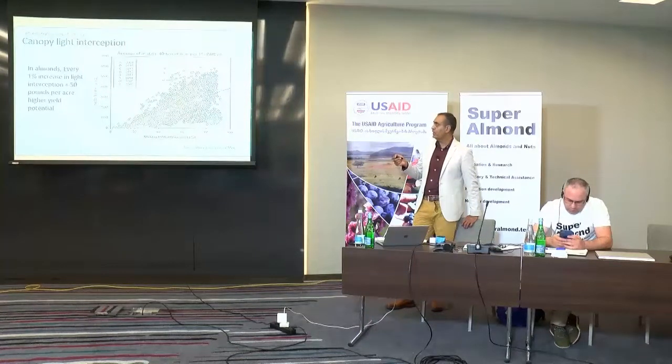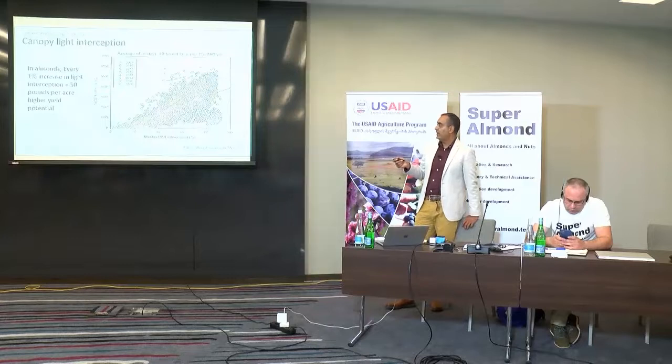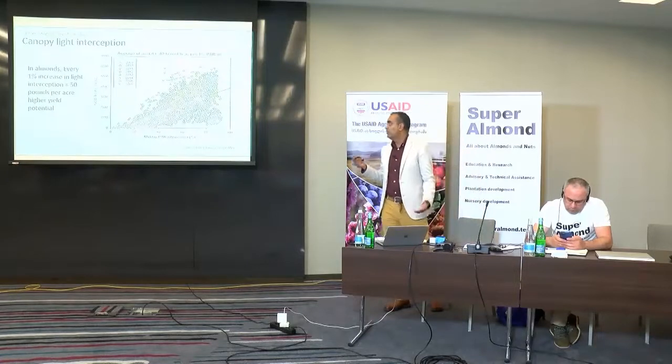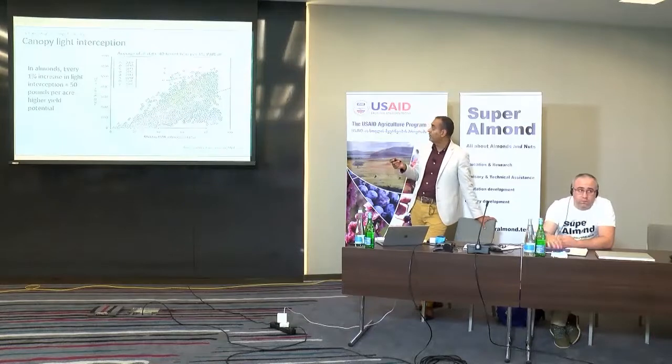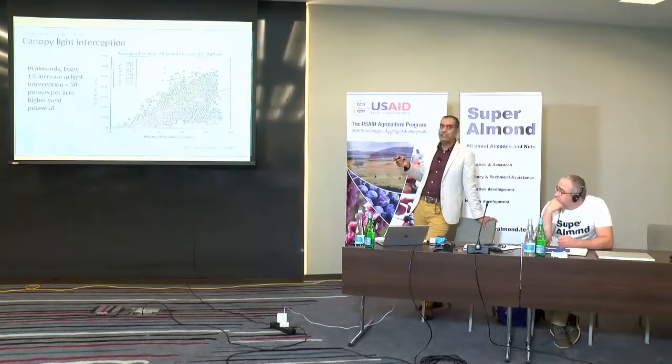And you can see the correlation. This is the midday PAR interception, canopy light interception in percentage, and this is the yield in kernel pounds per acre, okay, which is really easy to convert into kilograms per hectare. So it increases linearly.